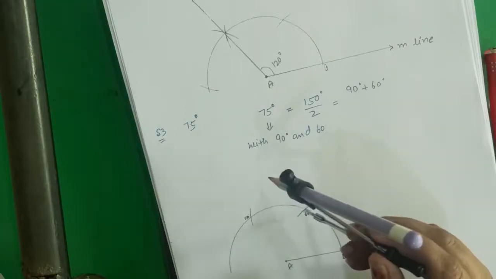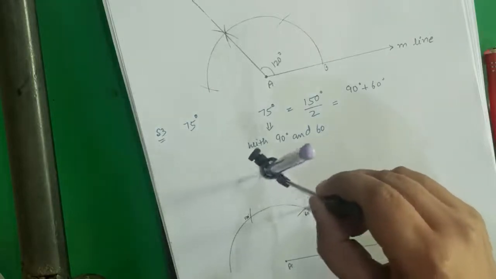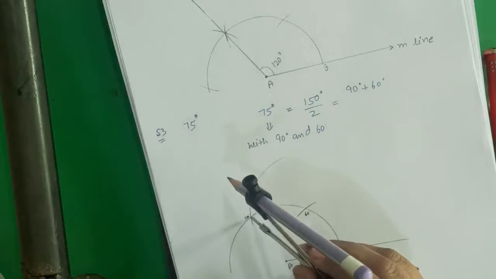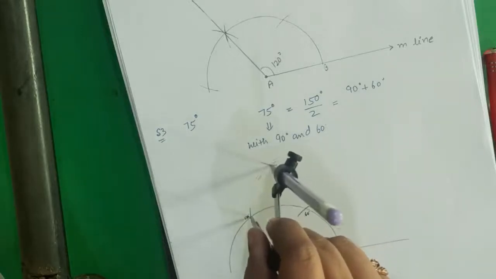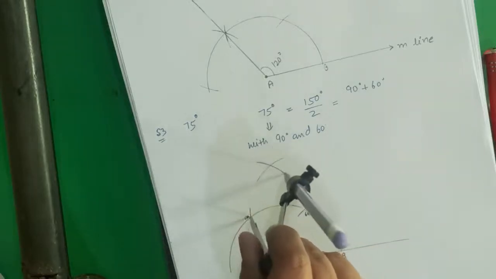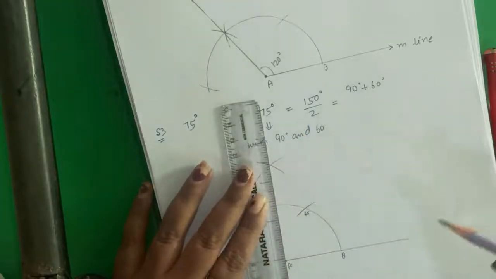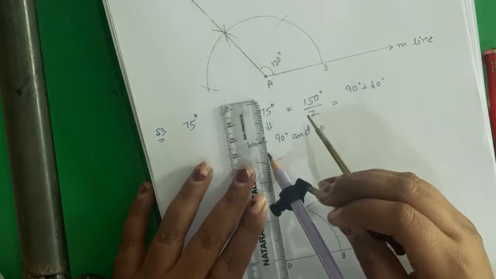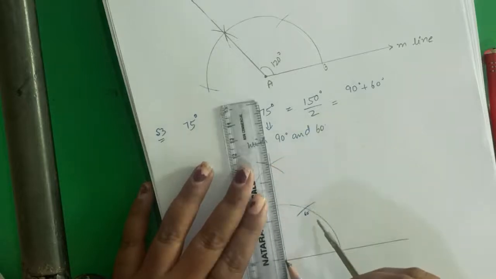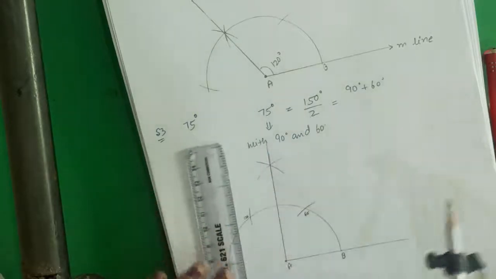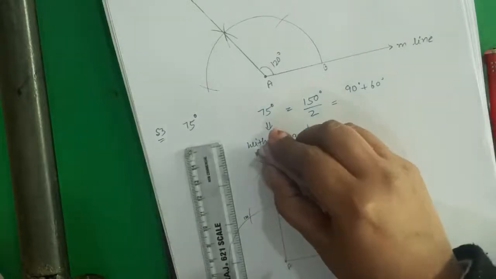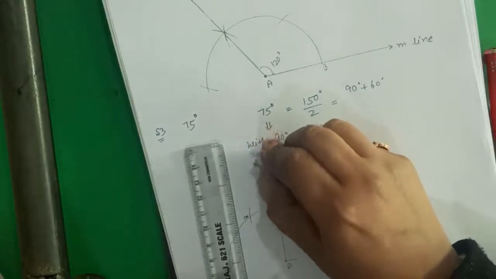Now 90 we have to make. So one arc from this side and one arc from this one. This is of 90 degree exact. This one is of exact 90 degree.